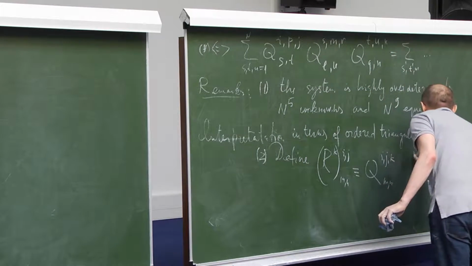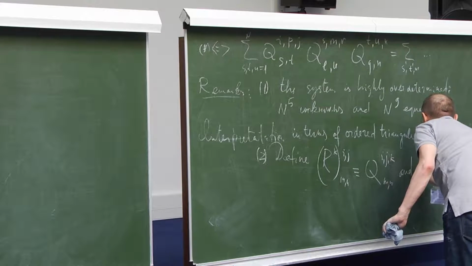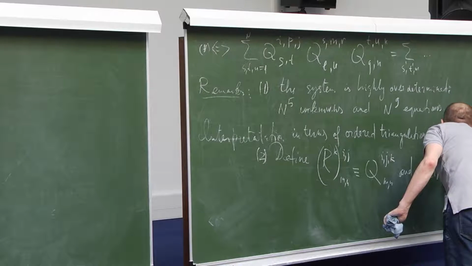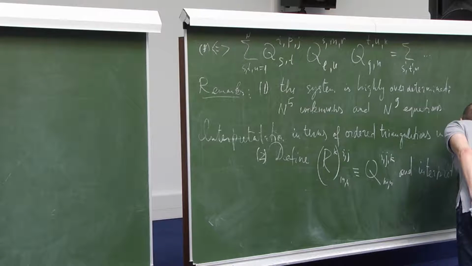So we interpret Rk as a map from K^n tensor K^n to itself.